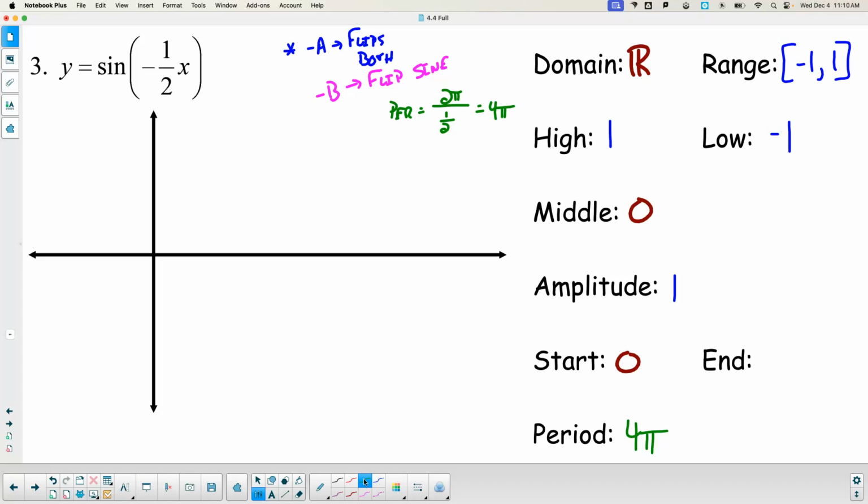So the period of this function is going to be 4 pi, which means it's going to end at 4 pi.